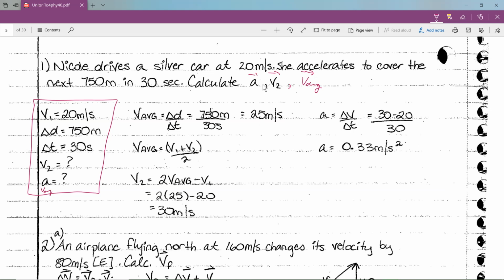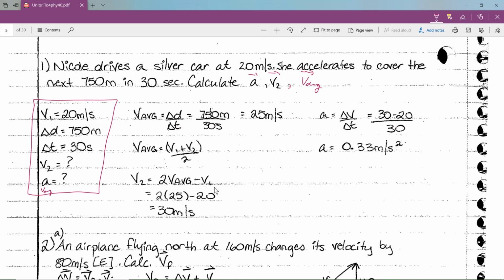Now we started at 20 meters per second, we're going to 25, so our final has to be 30. If you can't do that so quickly, then just plug in the numbers, okay? So we get 2 v average minus v1 equals v2. So v2 is 2 times 25, which is 50, minus the speed you started with, 20. So you have 30 meters per second.